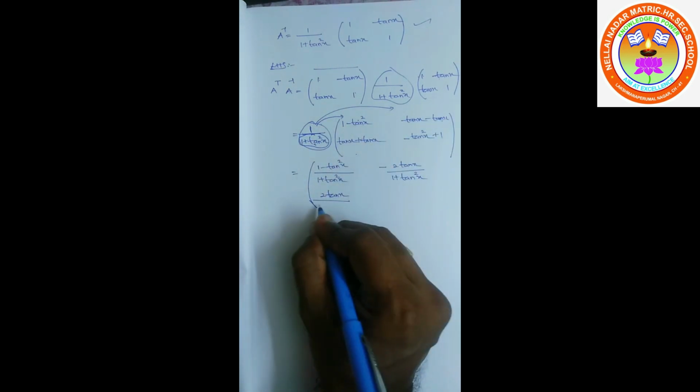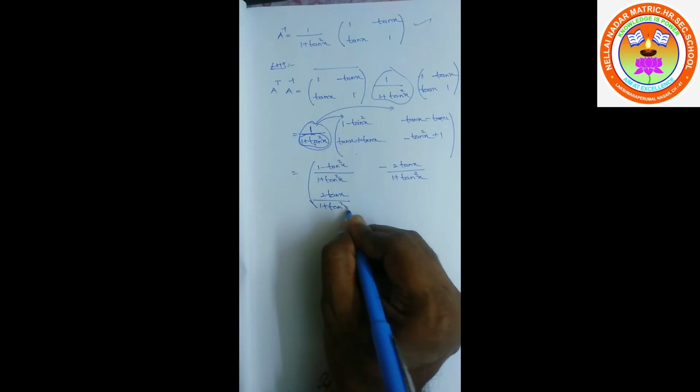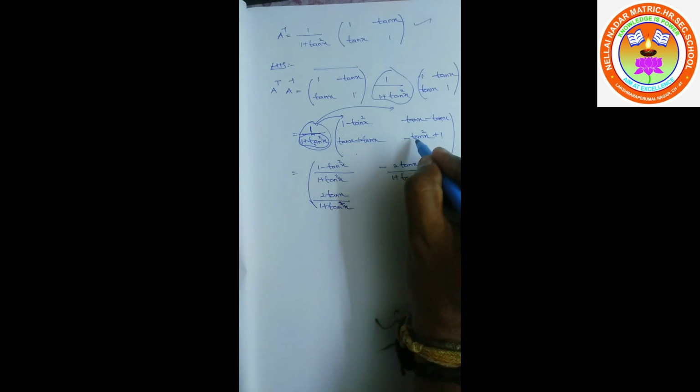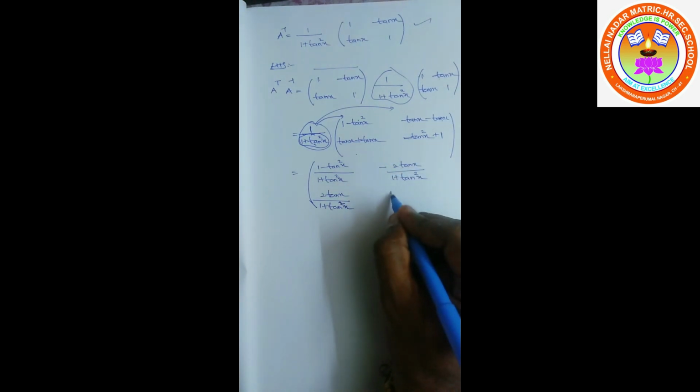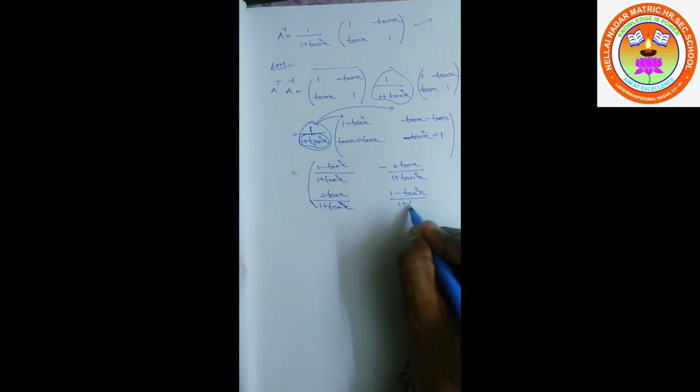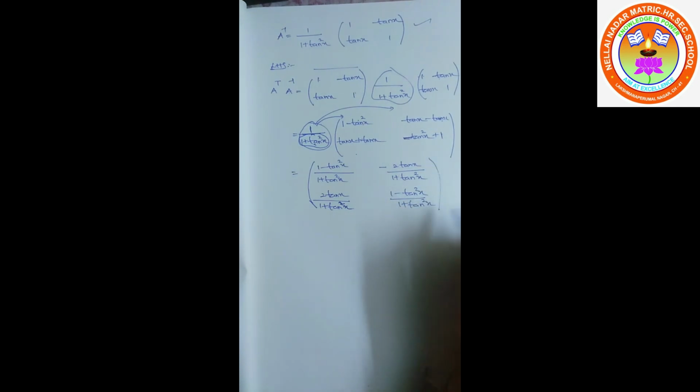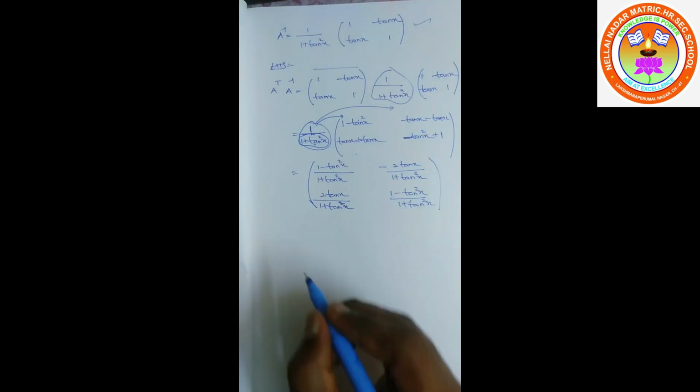For multiplying, the denominator is nothing but 1 plus tan square x. Next, 1 minus tan square x, write properly, 1 minus tan square x divided by 1 plus tan square x in the denominator.